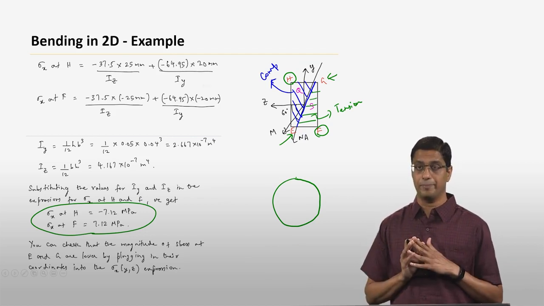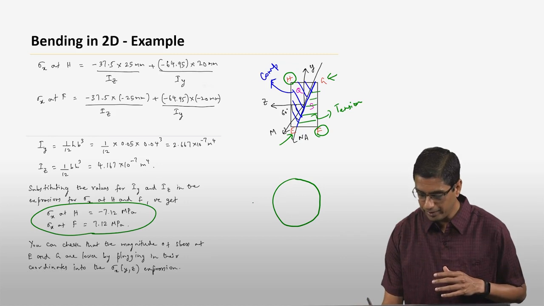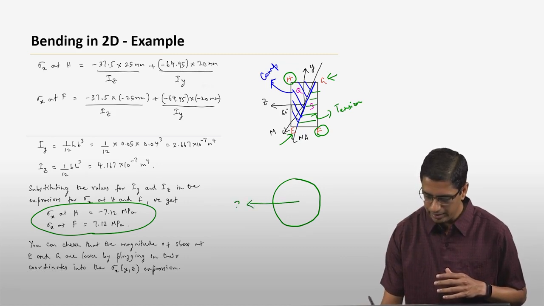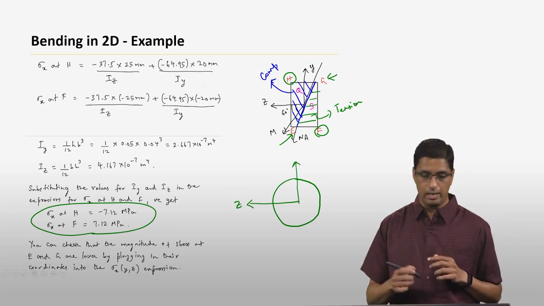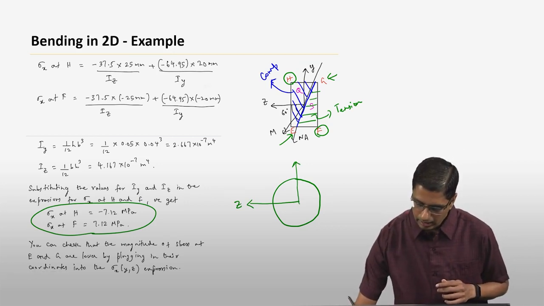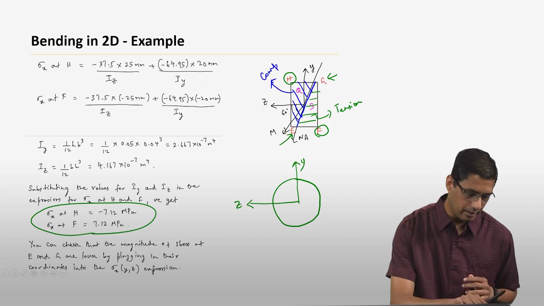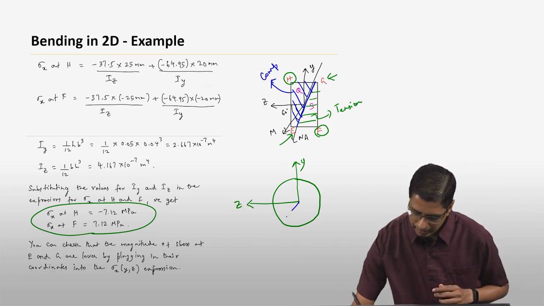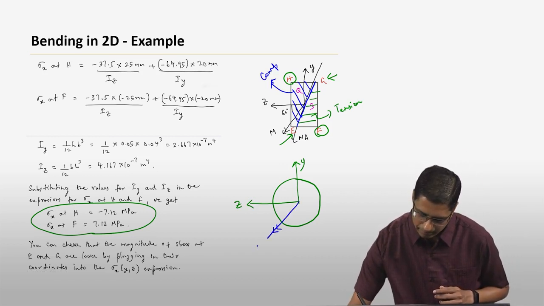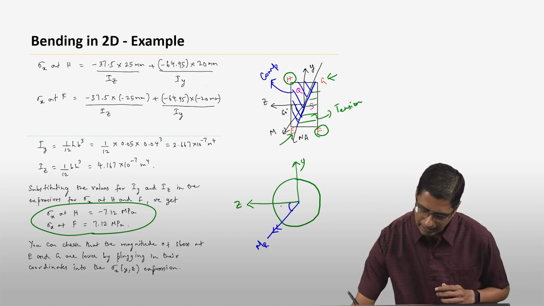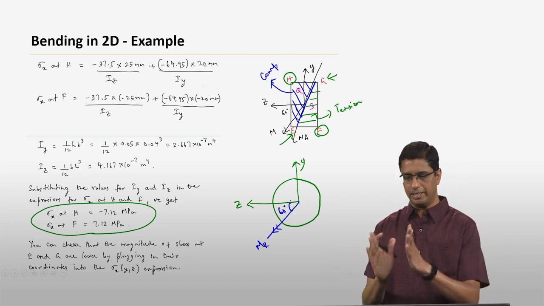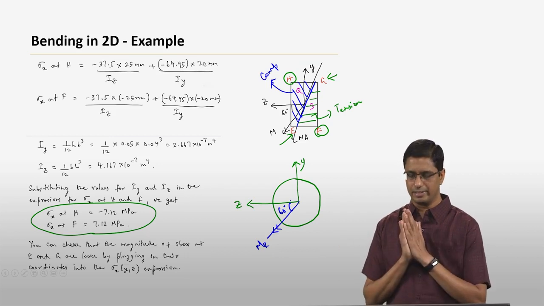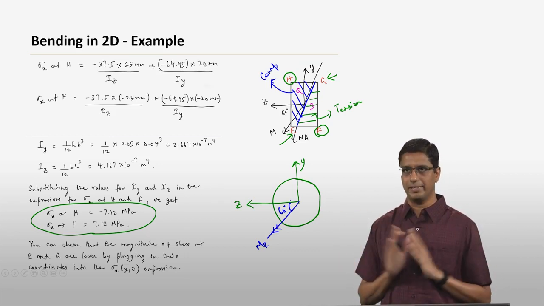So Mz and My are the same. Now, what we found is that this is your z-axis in this case, that is your y-axis, okay, and, let me use a different color here, that is your Mr, and we know that that angle is 60 degrees. Okay, so if everything is the same, but instead of a rectangular cross section you have a circular cross section, these things are still going to be the same.